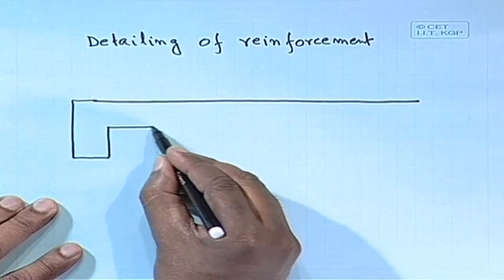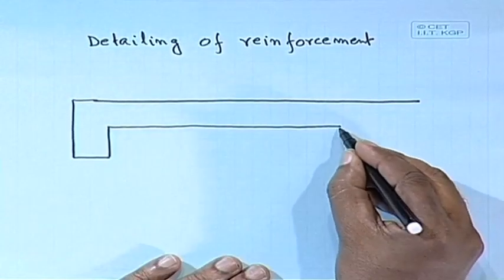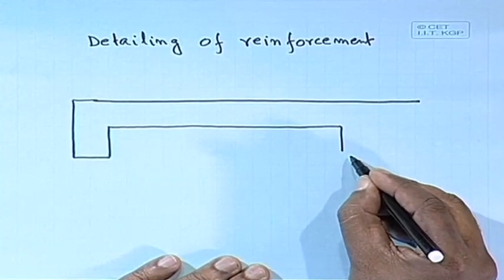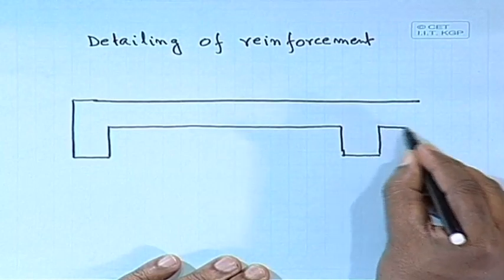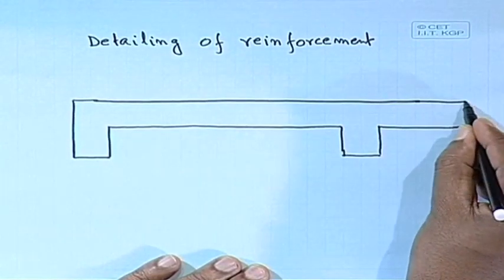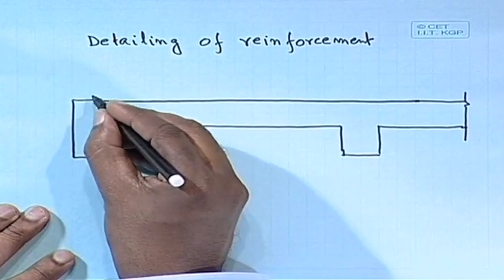Let us say this is a beam cross slab cross section, and let us give a center line.